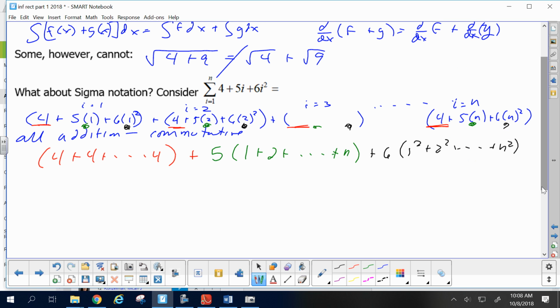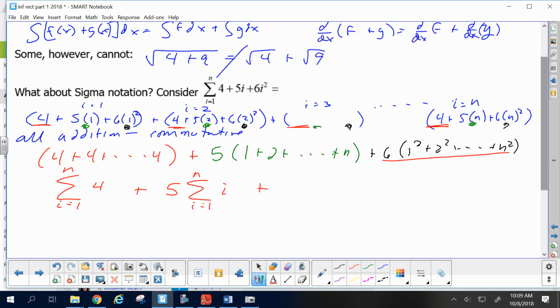Therefore, that big old one-term sum could be written as 3 different sums: the sum of a bunch of 4s, from the first time I got a 4 through the last time I got a 4. Plus, there's no reason I would need the 5 in the summation. I could write the 5 out front of the sum of a bunch of just plain old numbers, 1, 2, 3, that's basically just i, counting up from 1 to n.